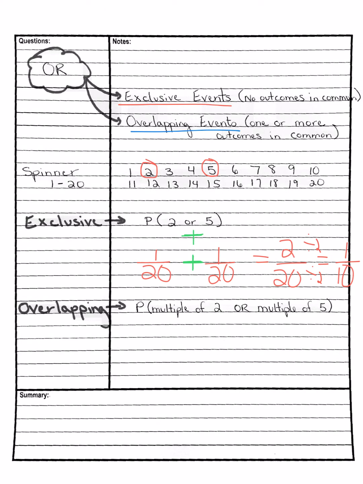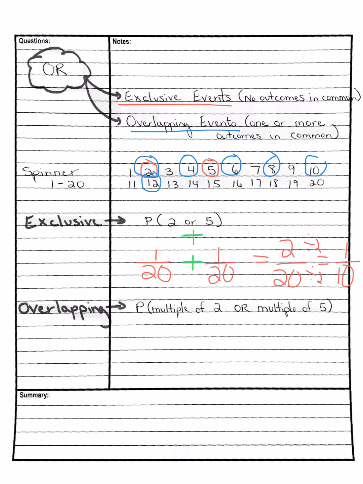Let's talk about an overlapping example. I'm going to pick blue here. I might even do blue and yellow. What's the probability of spinning the spinner and getting a multiple of 2? Well, I'm going to circle all the multiples of 2 in blue. This is a multiple of 2, multiple of 2. 2 times 1 is 2. 2 times 2 is 4.